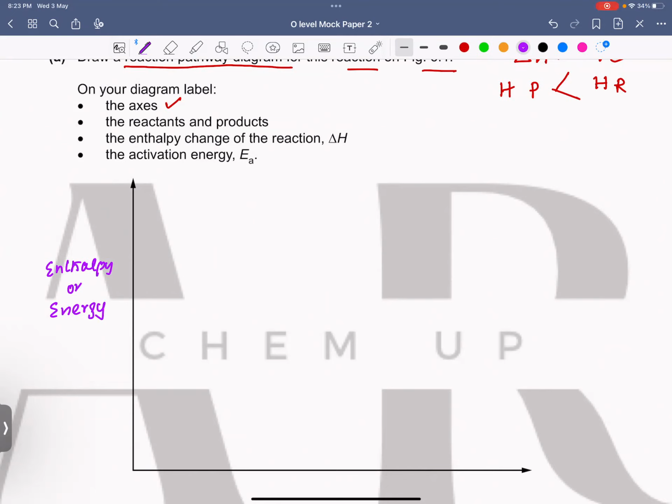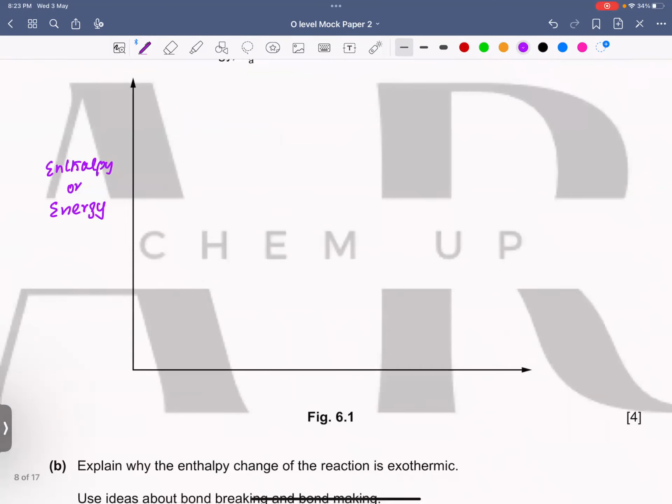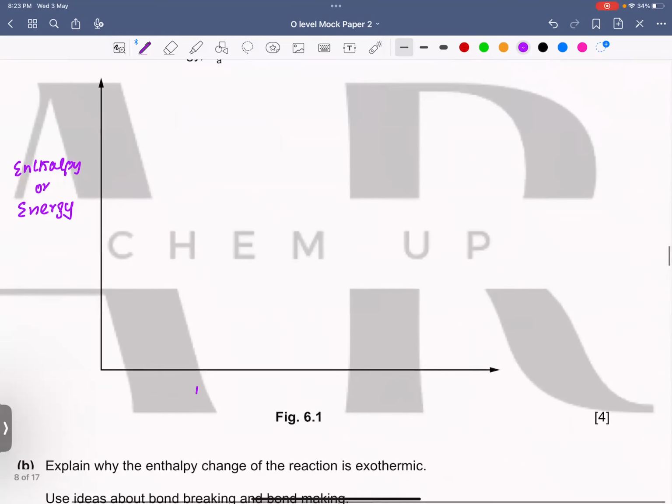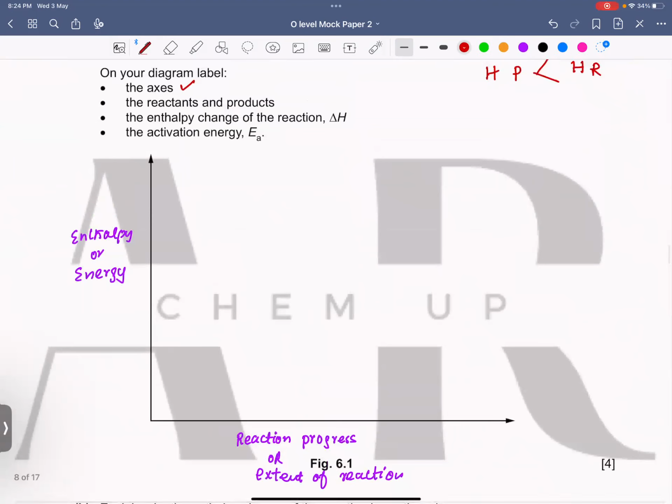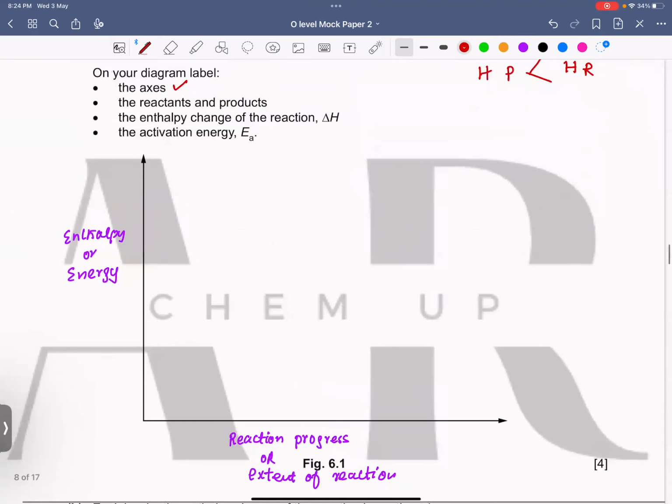And on the x-axis over here, you can label it with reaction progress. Or instead of writing reaction progress, you can write extent of reaction as well. Now we are done with the first part, the reactants and the products.